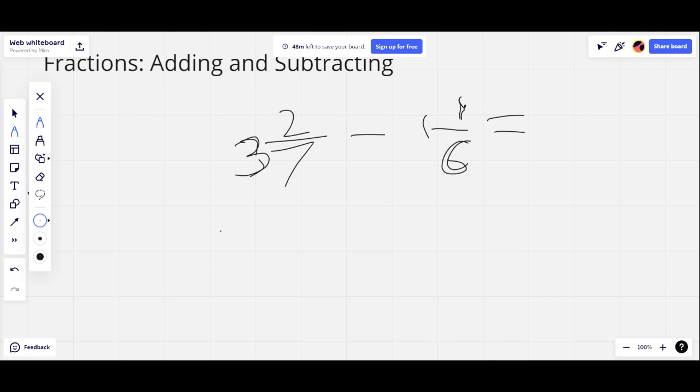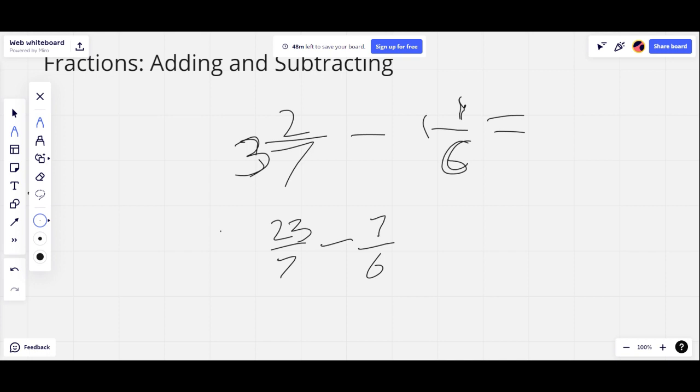Once again, go to the link in the description and it will link you to the video where I show you how to convert from mixed numbers to improper fractions if you need to know. So the answer would be 23/7 take away 7/6. And then we do a normal improper fraction subtraction.